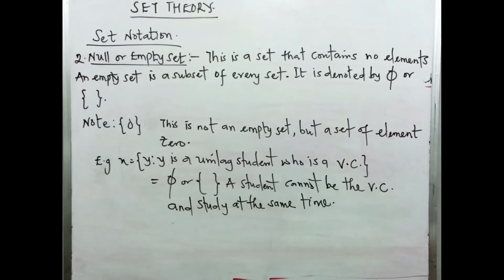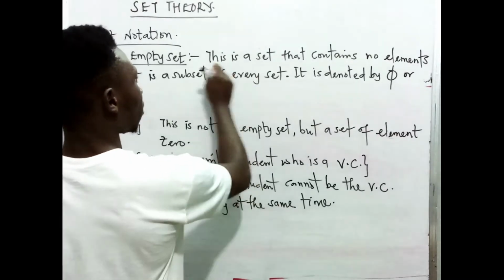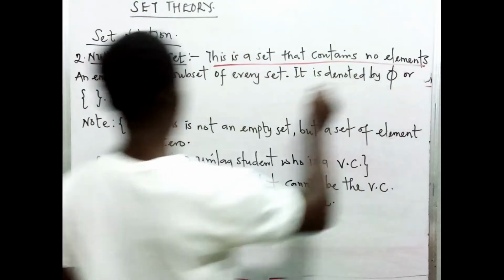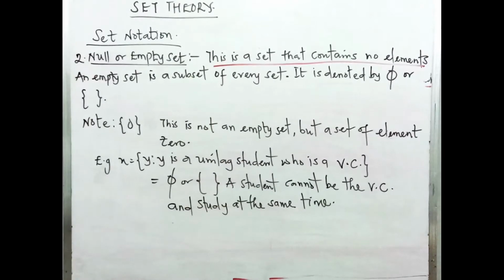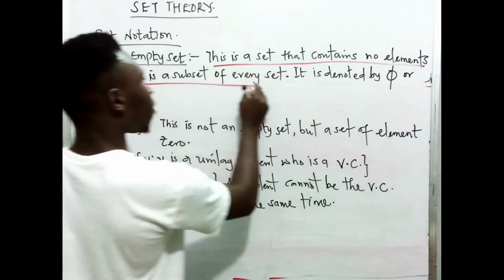Now, null set, a null or empty set. This is a set that contains no element. Whenever your set contains no element at all, it is called an empty or null set.